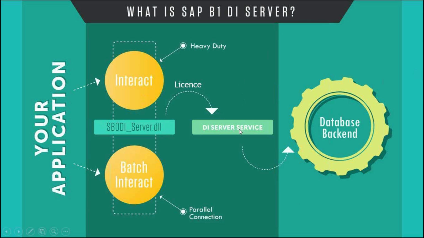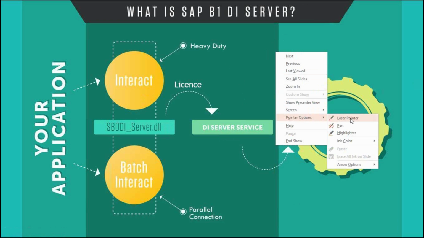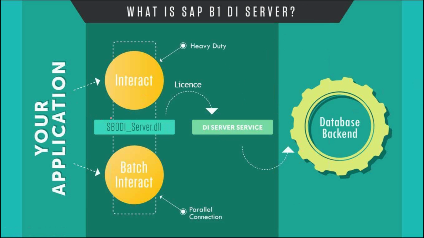That service is managed by a licensing server, and it provides an interface which is exposed through a DLL, sbodi underscore server.dll. This DLL is a COM interface and is written in Visual C++, and it provides two interfaces. One is interact and another is batch interact.